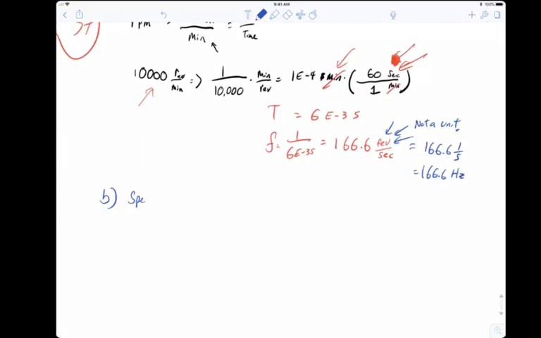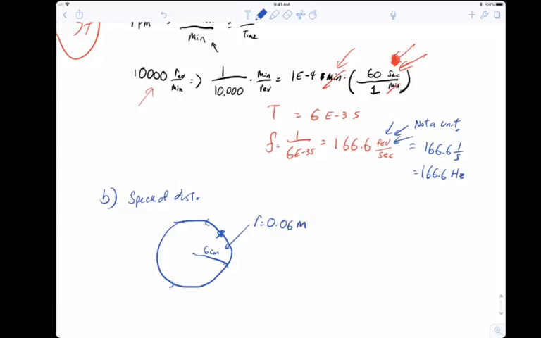Speck of dust. Your dust is going around the circle. What's the radius of the circle? Radius of the circle is 6 centimeters. So the radius is 0.06 meters.